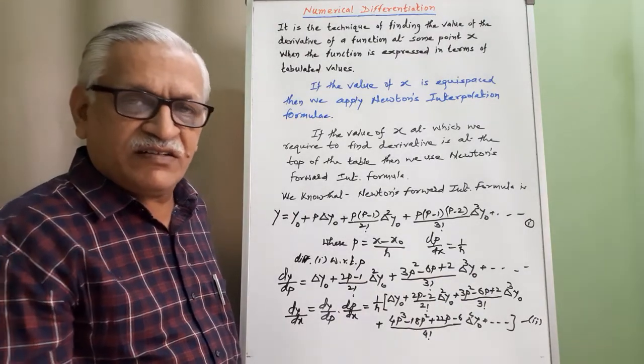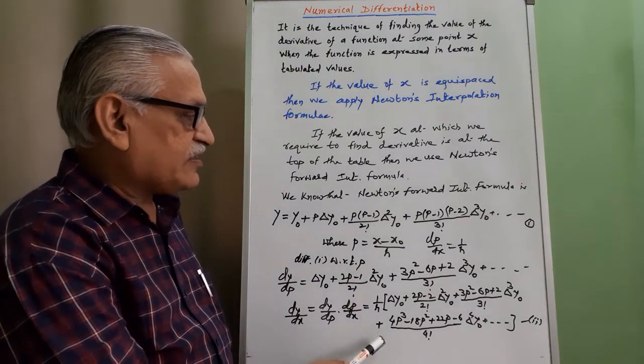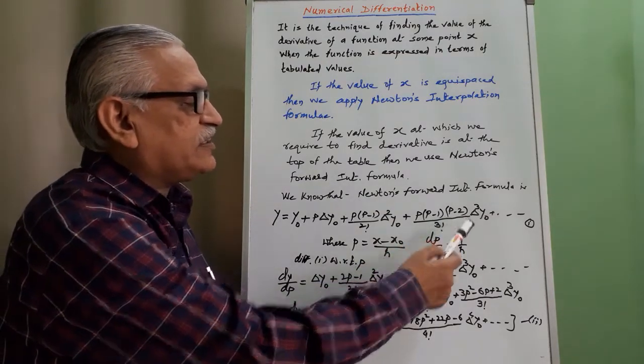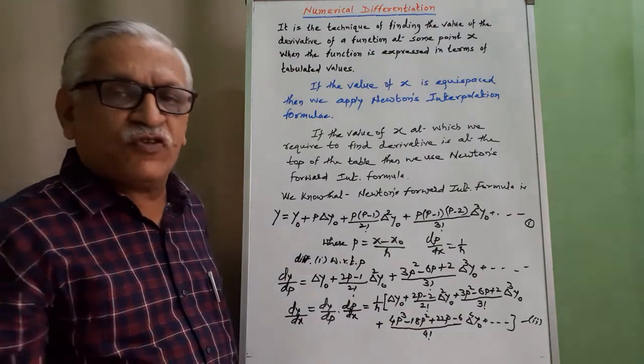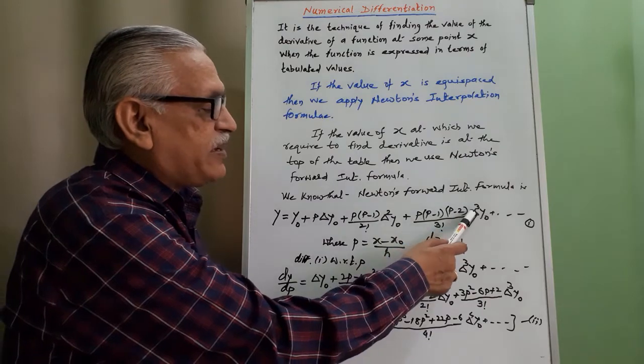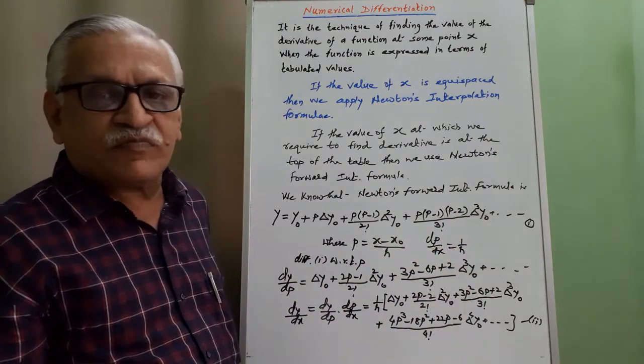We can extend and write the next term, but for that we have to take the next term in Newton's forward interpolation formula. It is p into (p minus 1), (p minus 2), (p minus 3) divided by 4 factorial into del raised to 4 y0.